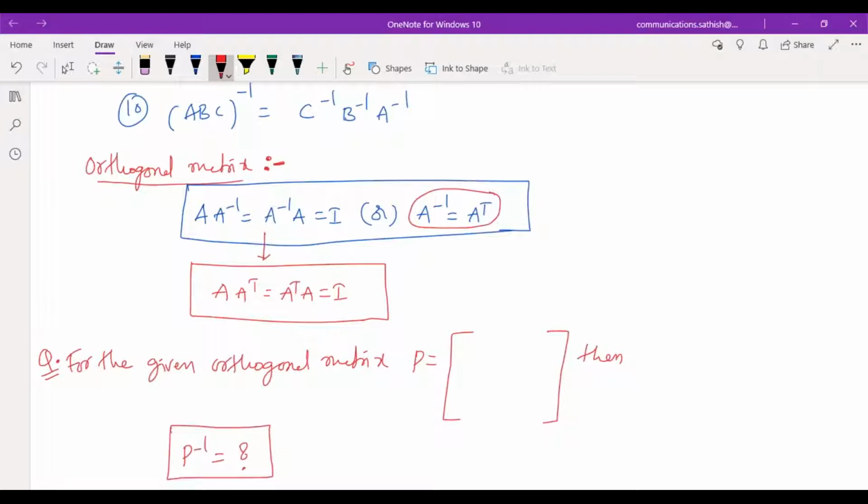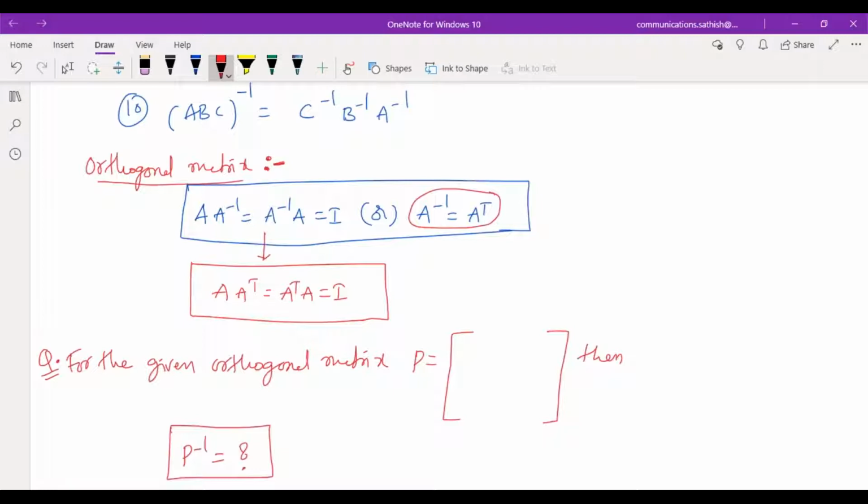For an orthogonal matrix, there is no need to calculate the adjoint; you can directly represent the inverse as the transpose of the matrix. I'll take a question and represent that question itself to you. Wait.